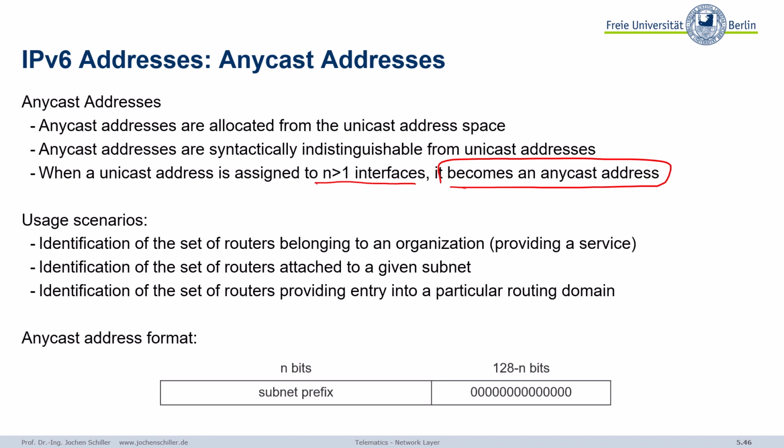An Anycast address has a special format, but it is a normal unicast address. Always look up the literature if you're interested in more details about this topic. There are so many, we cannot go into all the details.